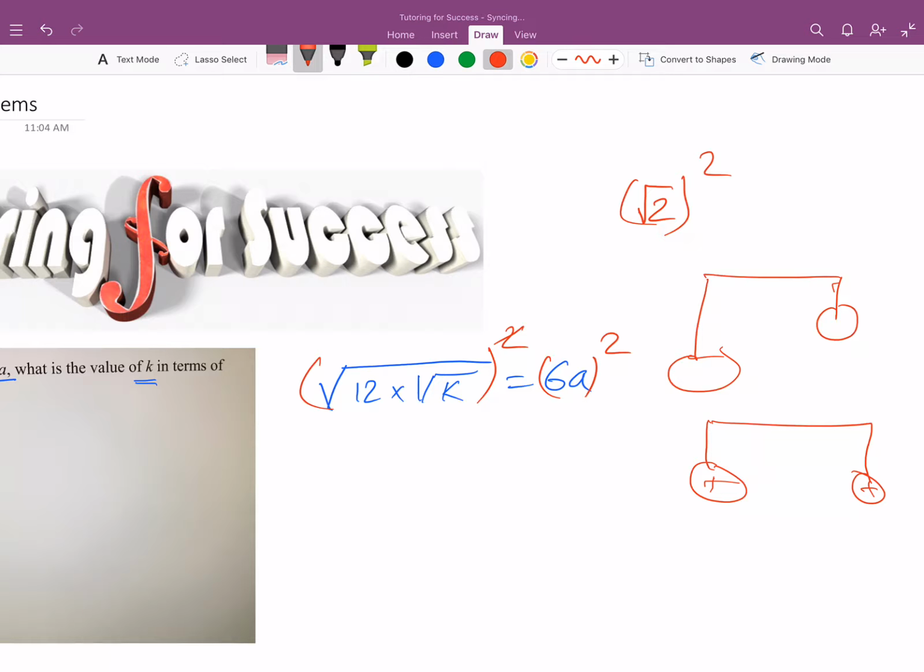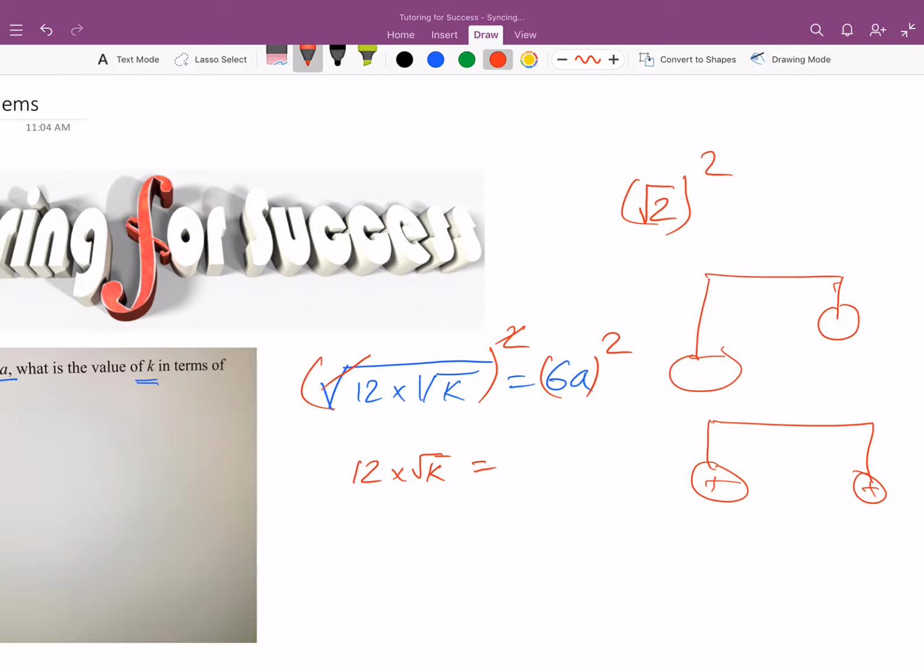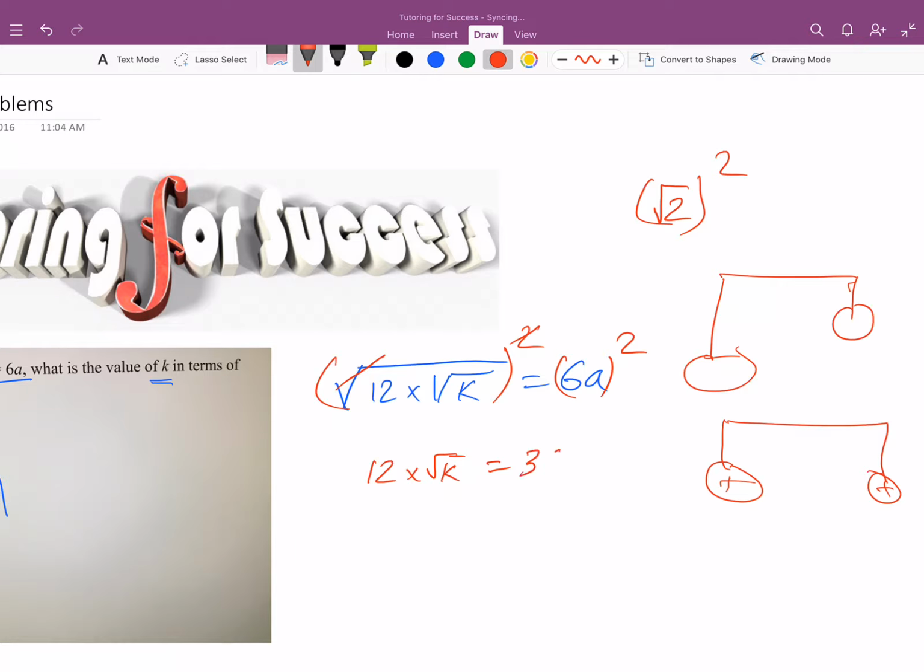This square will take care of that radical, so you will have 12 times radical k. And then 6 is squared, which is 36, and a is also squared, which is a squared. I'm looking for k by itself, but I definitely don't want this 12 here.